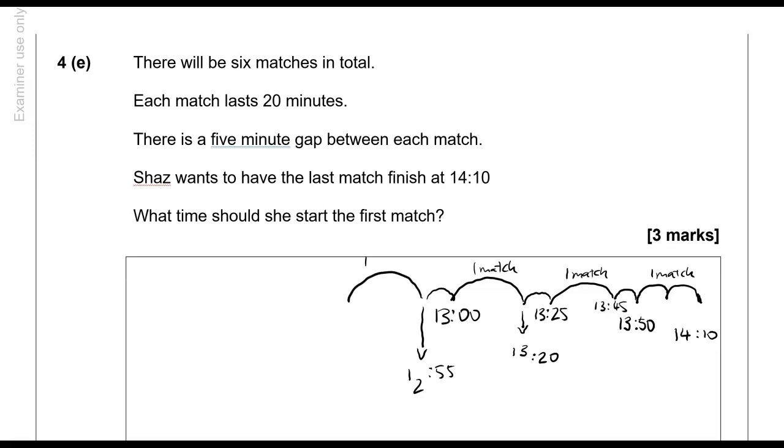Another match, and this goes to 12:35. So taking away 20. Another 5-minute break, and that is then 12:30. Another match, and this goes to 12:10.